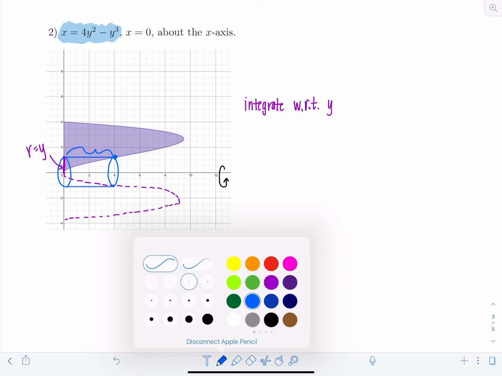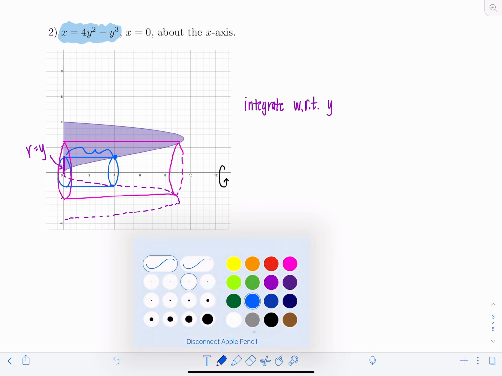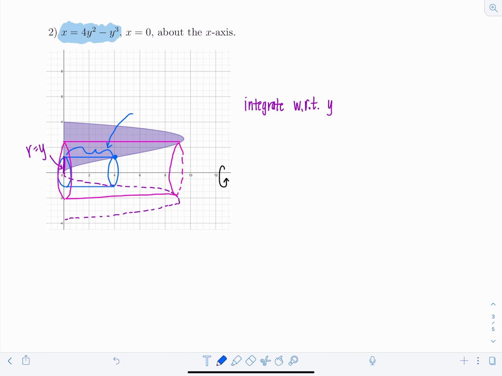So if you were to peel somewhere else, like this, right, it'll take care of that. So we're not subtracting anything out. The curve will naturally take care of the shells. So the height is equal to 4y squared minus y cubed.